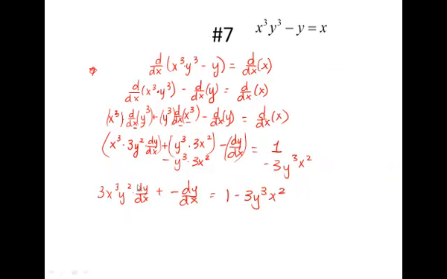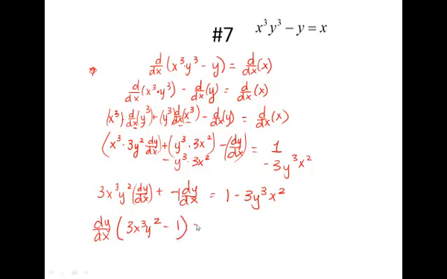Finally, because all of these terms have a dy dx, I'm going to pull that dy dx out, because I just want to get dy dx by itself. If I pull dy dx from that term, I have 3x cubed y squared, and what I have left here is just a factor of 1.